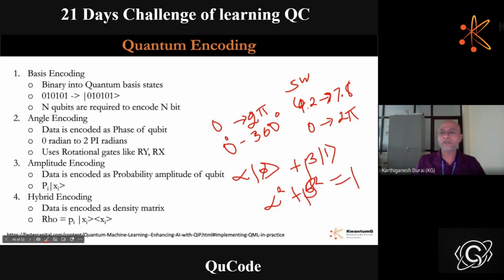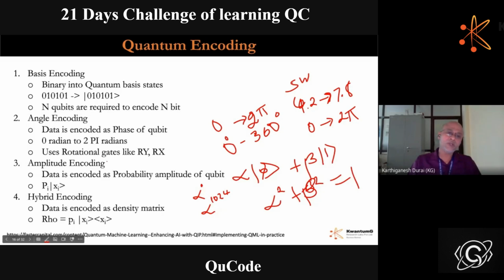You remember this fundamental rule of quantum information. If you have 10 qubits, you will have alpha 1 to alpha 1024, because 2 power 10 equals 1024. So you have 1024 probability amplitudes.